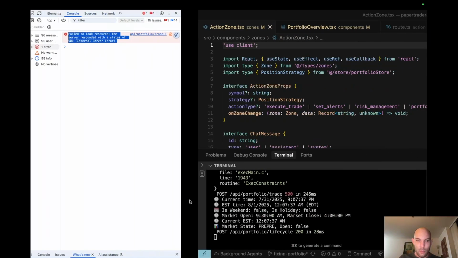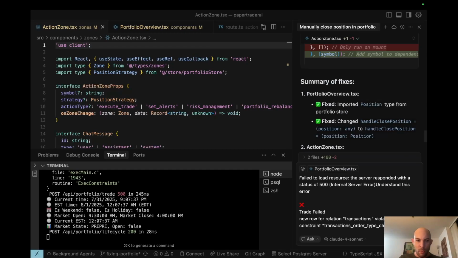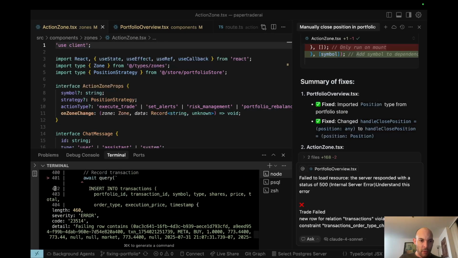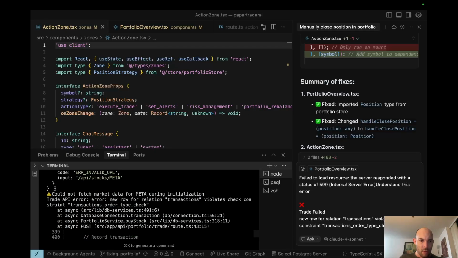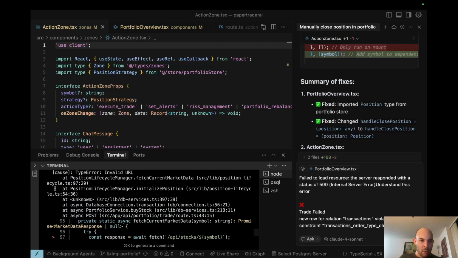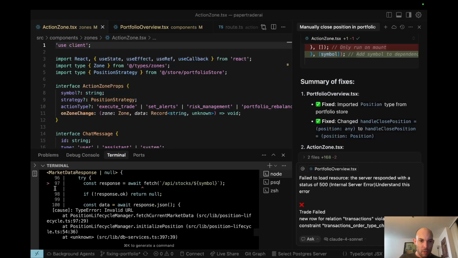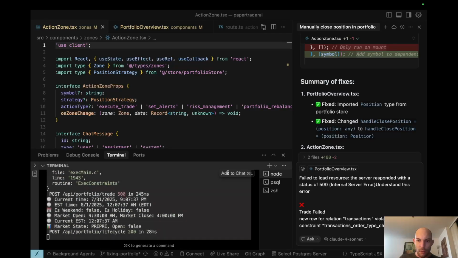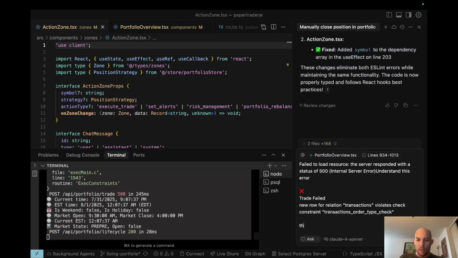Trade failed. Failing row. Okay, so I think we'll just bring it in all the way down to here. The action execute failed.